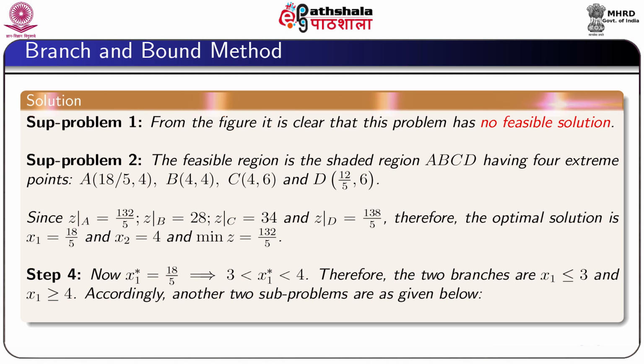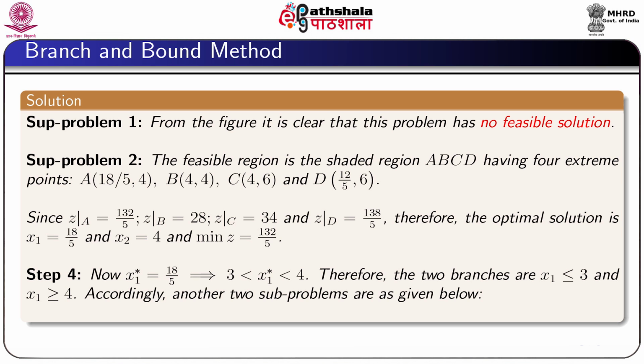Here again, since x1 is not an integer, so we will proceed further to make branch. We see that x1 star lies between 3 and 4. Therefore, the two branches will be x1 is less than equal to 3 and x1 is greater than equal to 4.